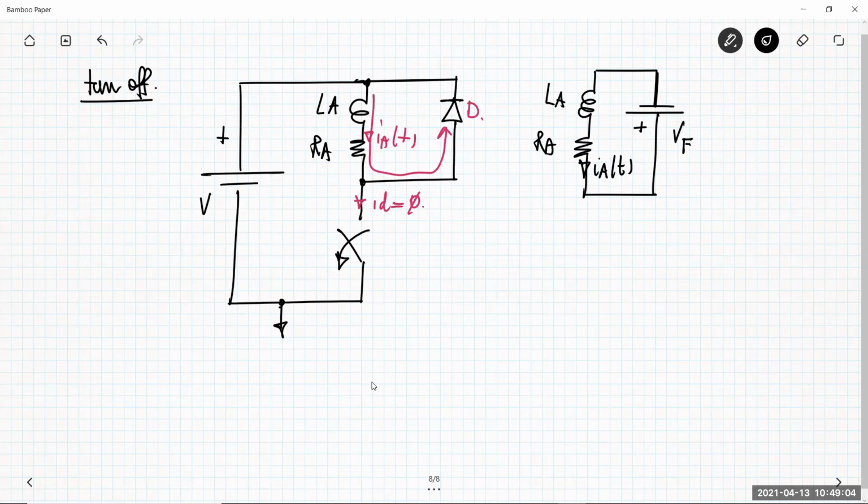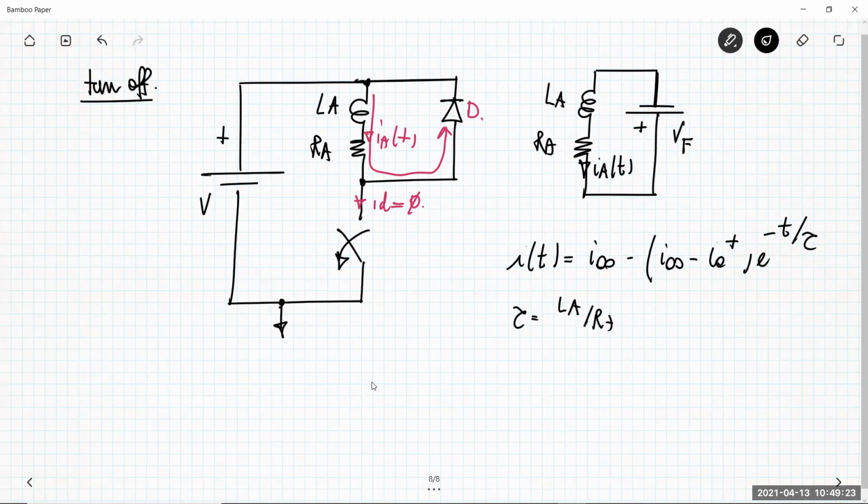So we have the same evolution, I(t), which is I infinite minus (I infinite minus I0 plus) times e to the minus t over tau. Tau is LA over RA as usual. I infinite is the current flowing in this circuit when all the transients vanish out, and this is minus VF over RA.